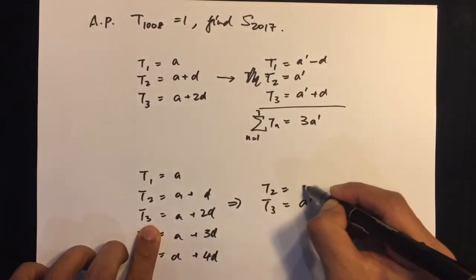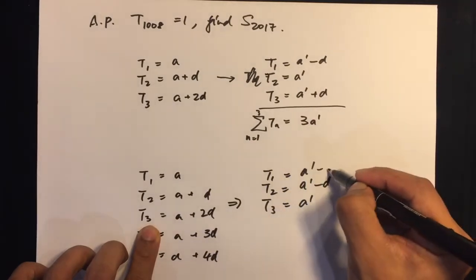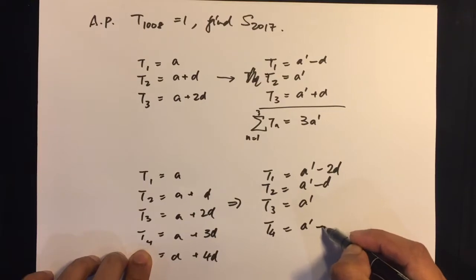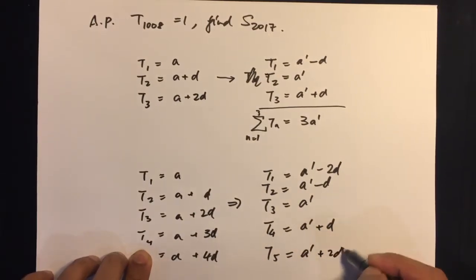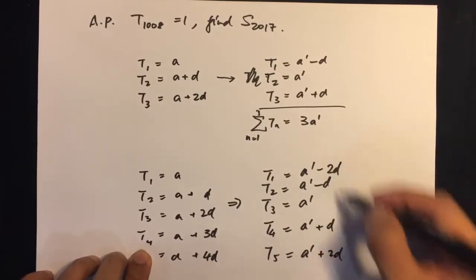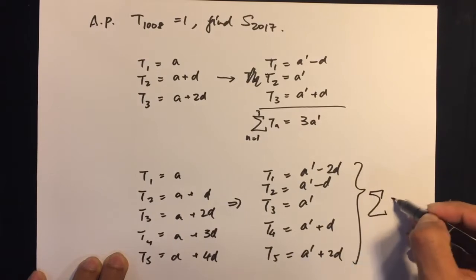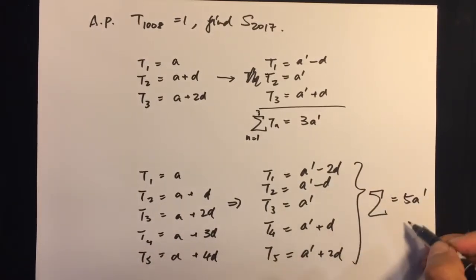And T2 is that term less D, T1 is that term less 2D, T4 is that plus D, and T5 is that plus 2D. Conveniently, these common differences all cancel each other out, and the sum is 5 times A prime, which is 5 times T3.